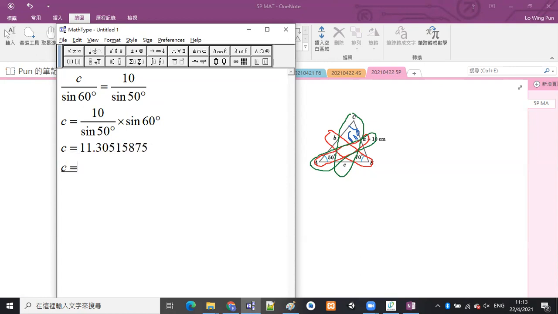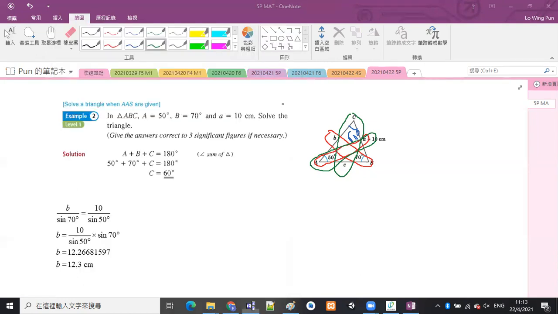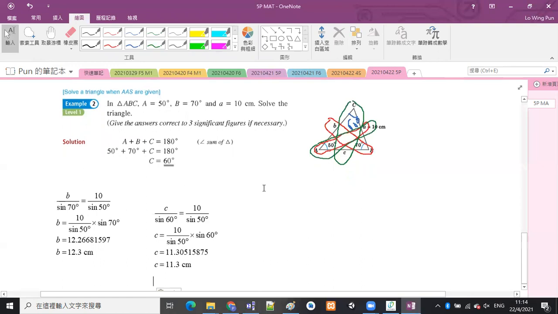Okay, when it is correct to 3 SF, it should be 11.3 cm. Am I correct? Yes. Can you follow? It's okay.